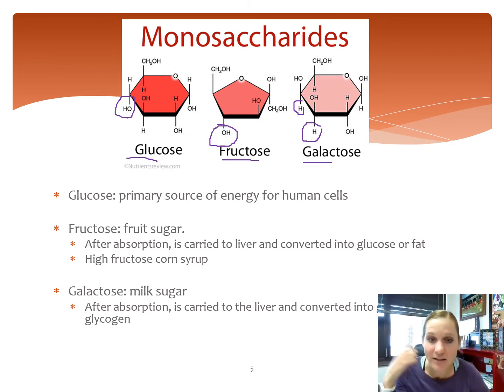Let's look at the differences between these three. Glucose, as we said, is our most basic unit of sugar, and we'll convert both fructose and galactose into glucose once we get them into the body. Glucose is our primary energy source for any human cells. Fructose comes from fruit, so it's known as a fruit sugar, and lots of fruits have fructose in them.